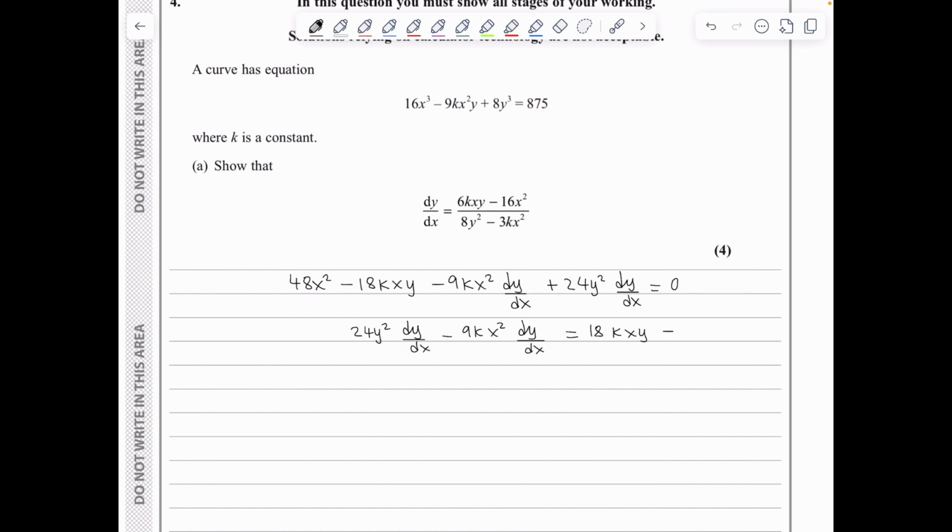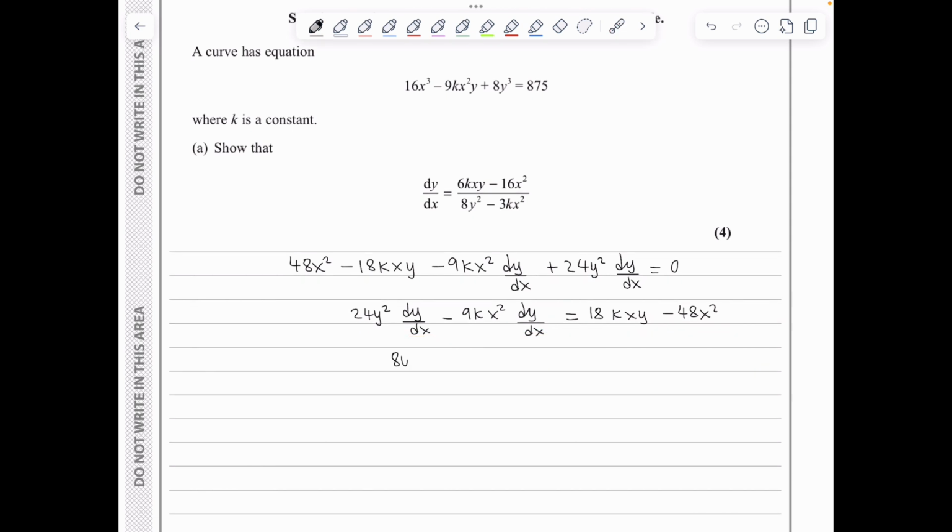18kxy minus 48x squared. Well, we notice that we can divide throughout by 3, leading to 8y squared dy/dx minus 3kx squared dy/dx being equal to 6kxy minus 16x squared.